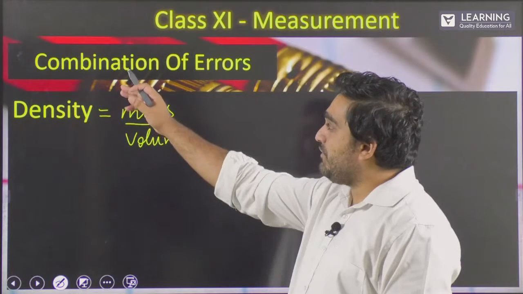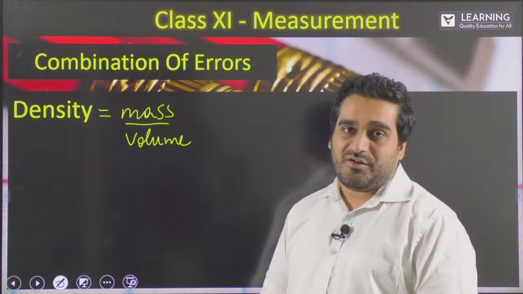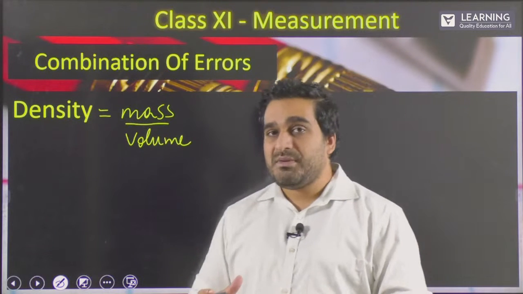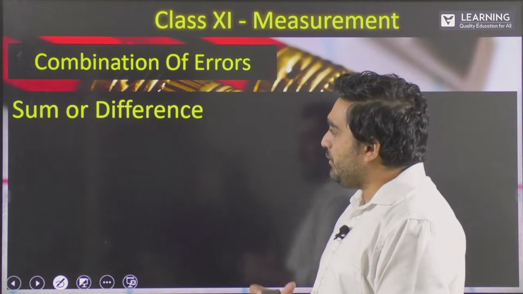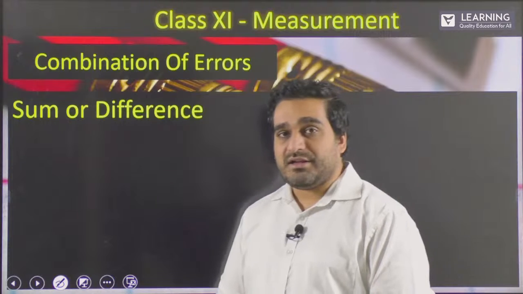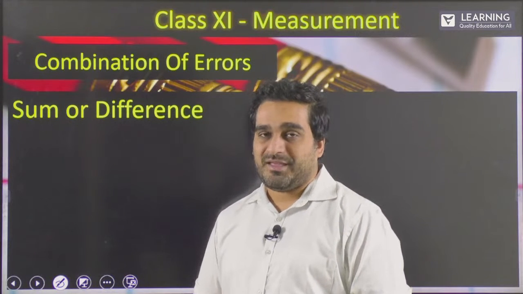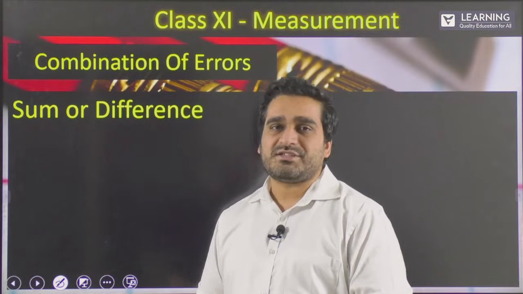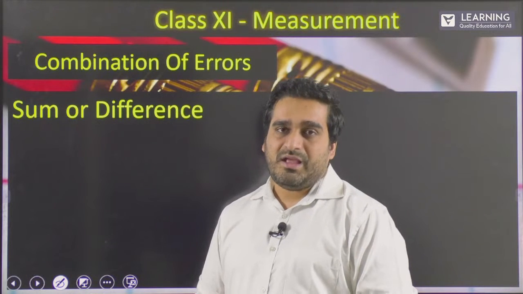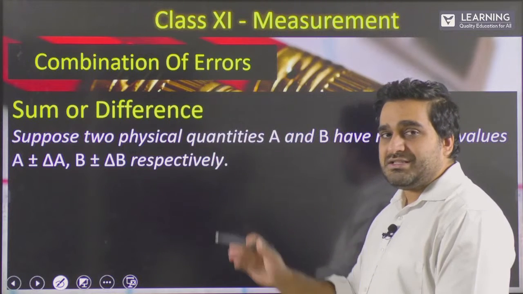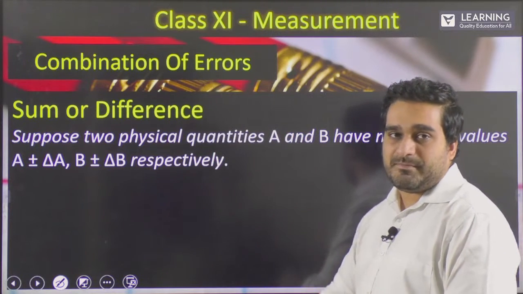This is where we discuss the combination of errors. So now let us look into the different combinations of errors. The first combination of an error is called the sum or difference. So how does it operate for a sum or a difference?